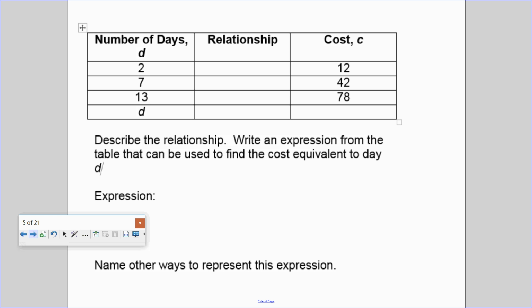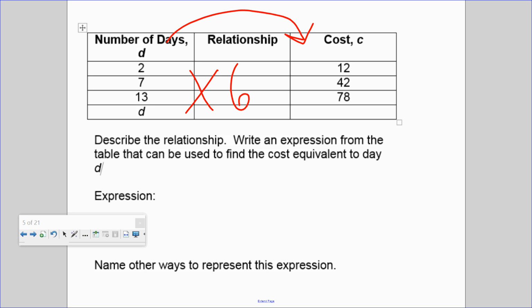In this table is our number of days and the cost. What is the relationship between the number of days and the cost? Is it additive or multiplicative? Let's look at additive. Are we adding anything? 2 to 12 is plus 10, but going to the next one, no. I believe the relationship is multiplicative. 2 times 6 is 12. 7 times 6 is 42.